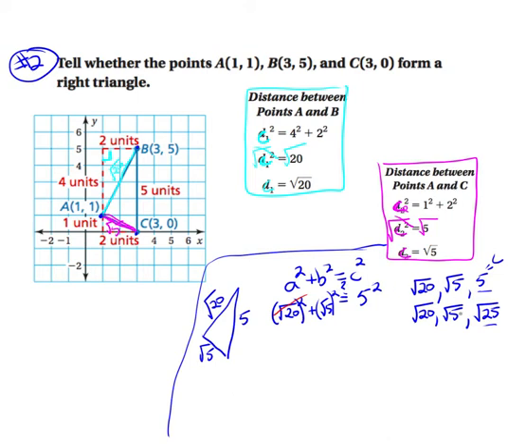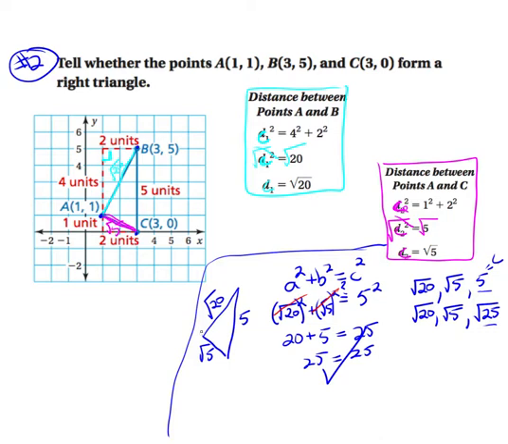It looks like it's going to be complicated at the beginning, but it's really easy to solve because those cancel out. A square undoes a square root. So we're left with 20 plus 5 equals 25. And does 25 equal 25? It does.